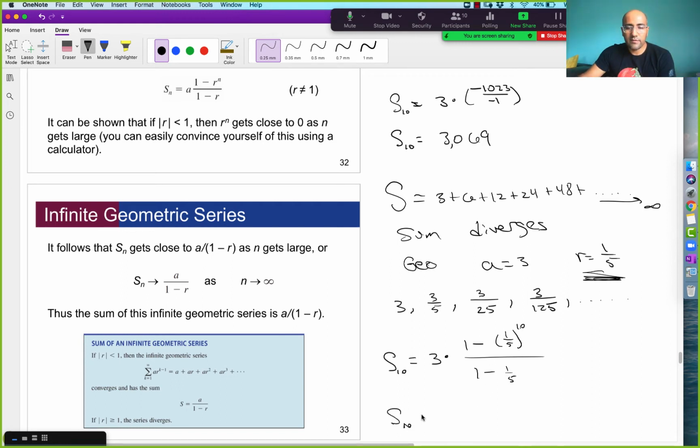S sub 10 is going to be 3 times, and the denominator is just going to be equal to 0.8. 1 minus 1/5 is 4/5, which is 0.8.